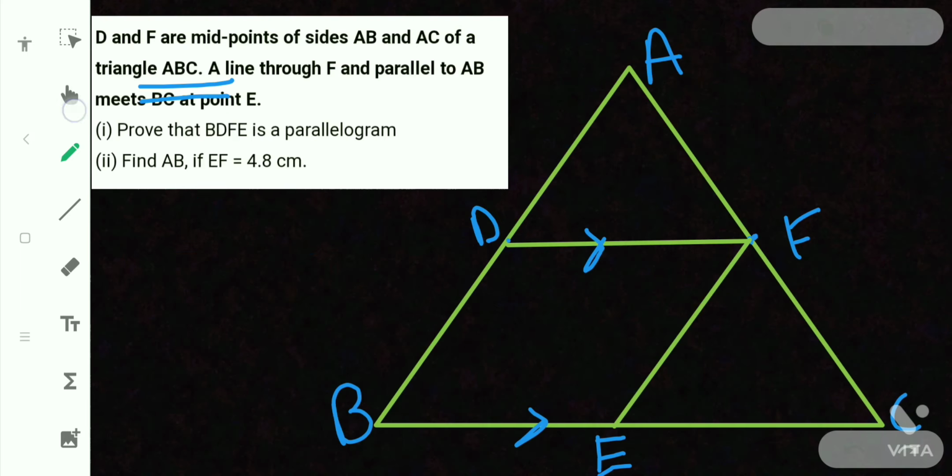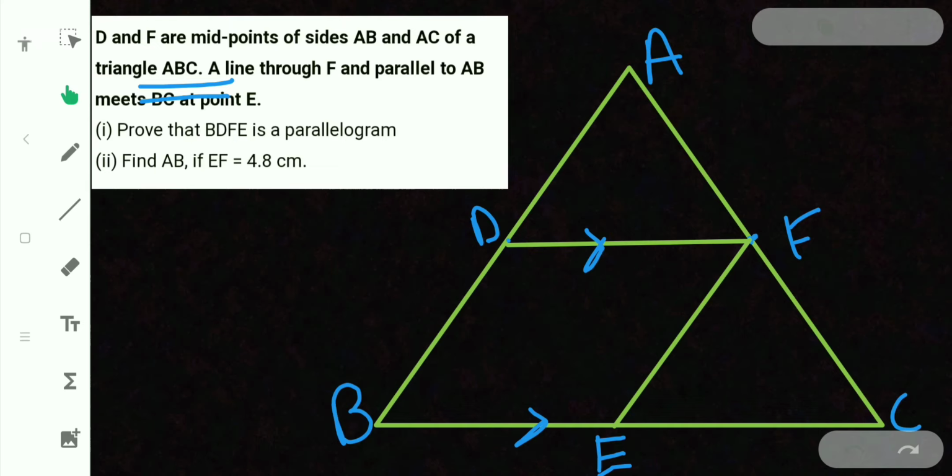Now one side, so this side, we have proved these two are parallel. If we prove that DF will be equal to BE, then definitely we can say that this quadrilateral DFBE is a parallelogram, or we can prove the other pair of sides are also parallel to each other.